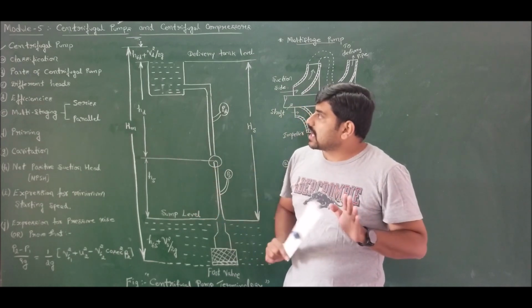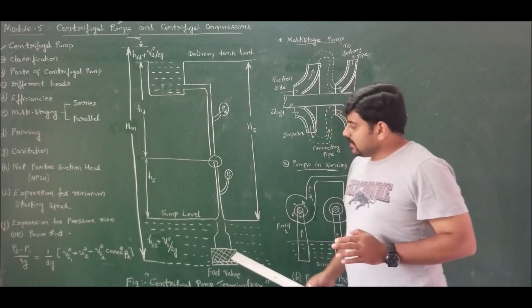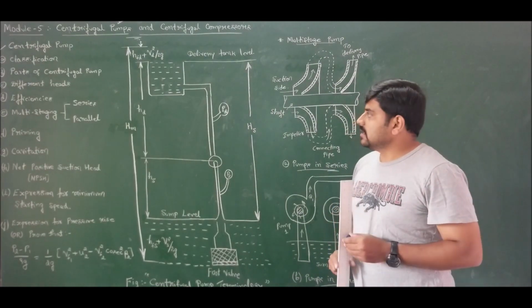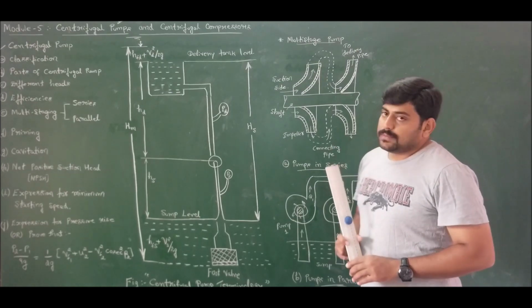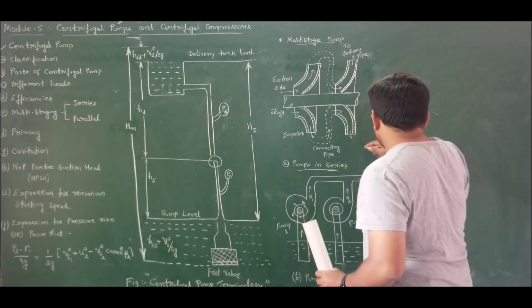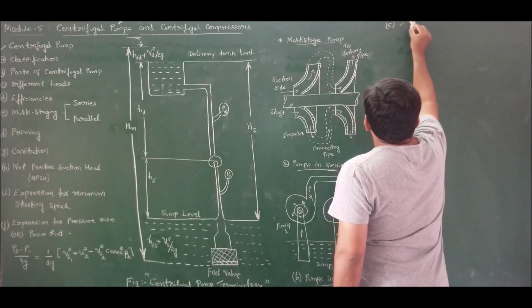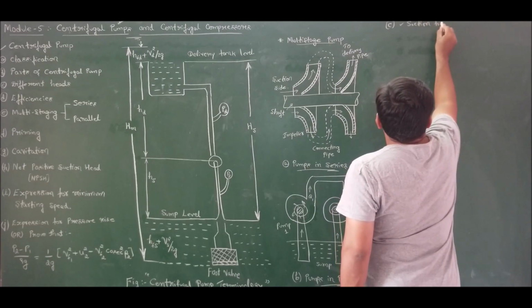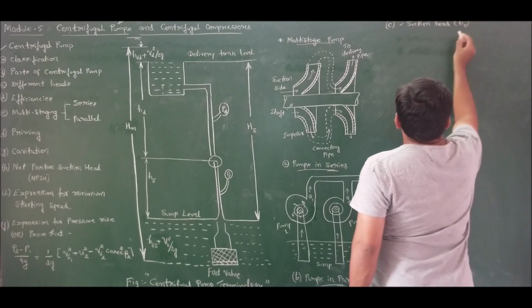Next, moving ahead, coming to different types of heads of centrifugal pump. I have drawn the pictorial view which represents the different types of heads for better understanding. If you observe, the four important heads of centrifugal pump are: suction head, which is denoted by small letter h suffix s.